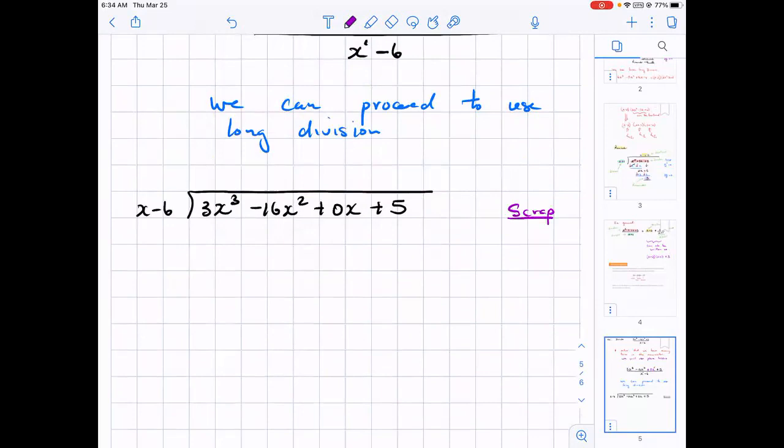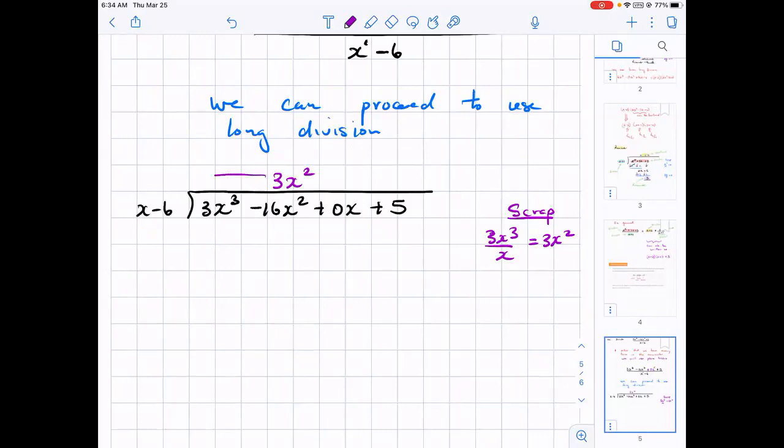So the first thing, this and this, right? First terms. So what is 3x cubed divided by x? And that will be 3x squared. So we write our 3x squared above the x squared term.